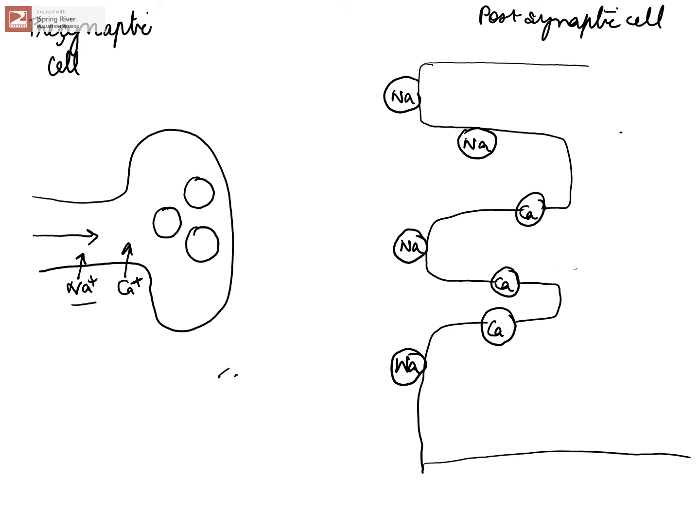Okay, and this activation of the sodium channels due to depolarization of the axon terminal is called voltage gated pump activation. So it causes the voltage gated sodium pumps to open, which leads to an influx of sodium ions into the synaptic knob.